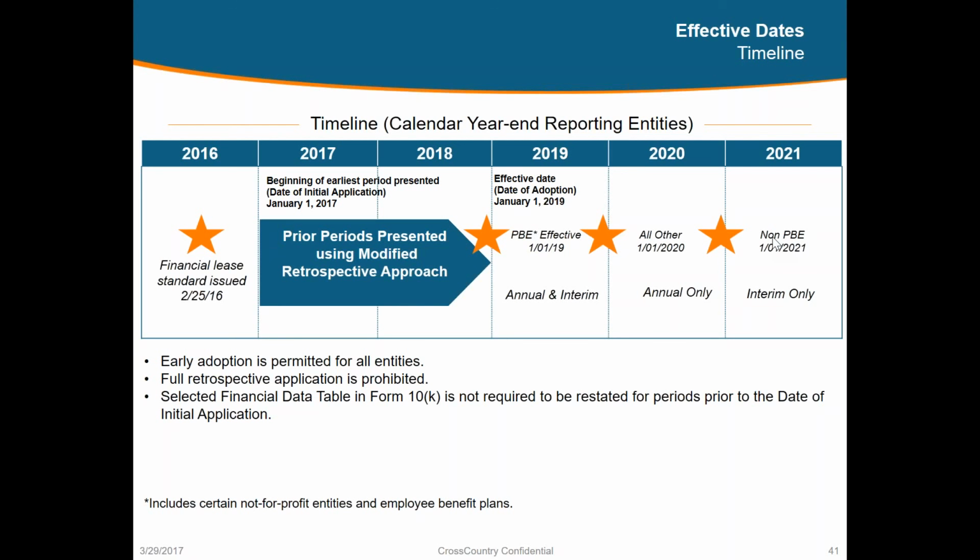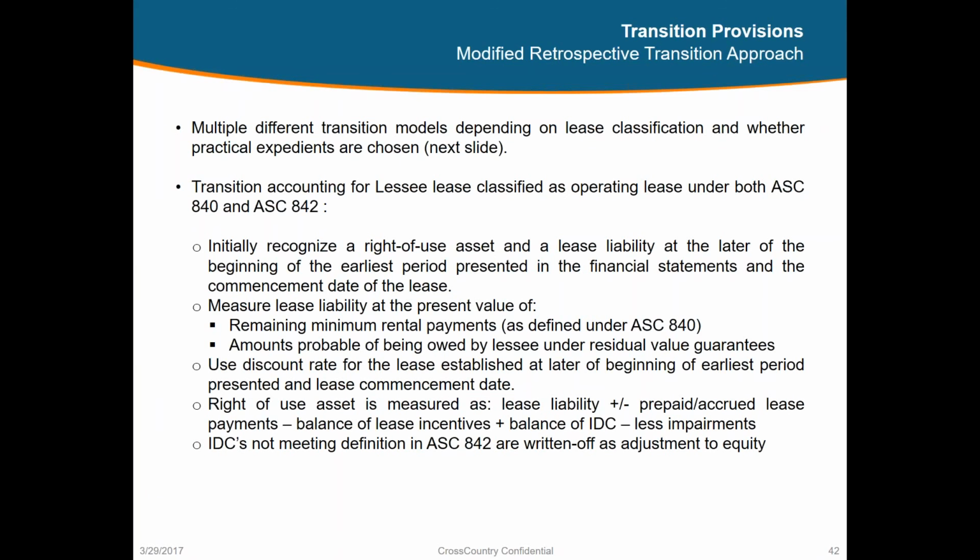Topic 842 specifies multiple different transition models. Which model is applicable to a particular lease depends on how the lease classification changes or does not change between topic 842 and topic 840.